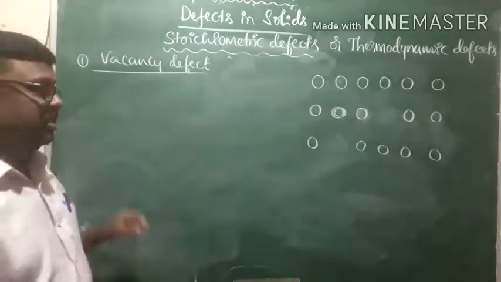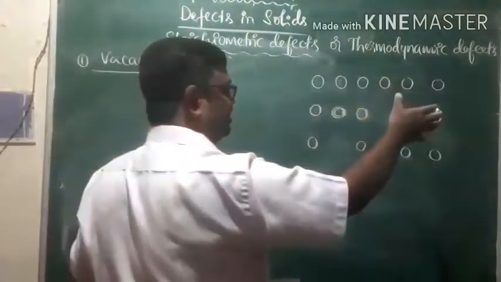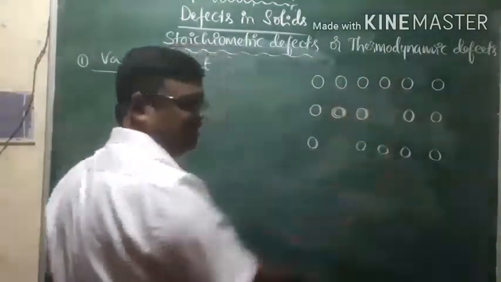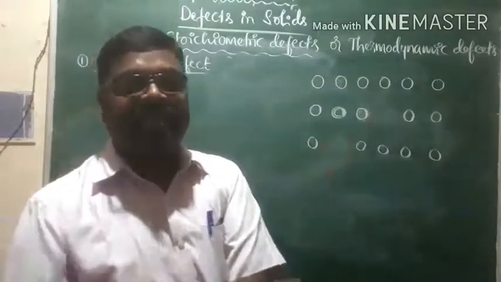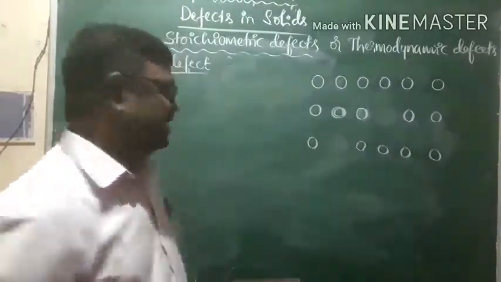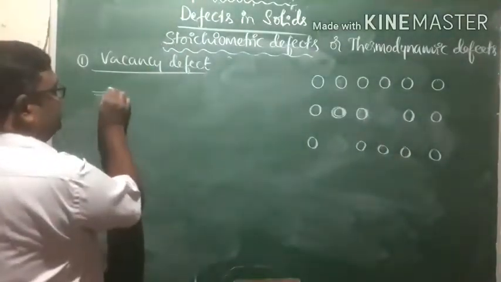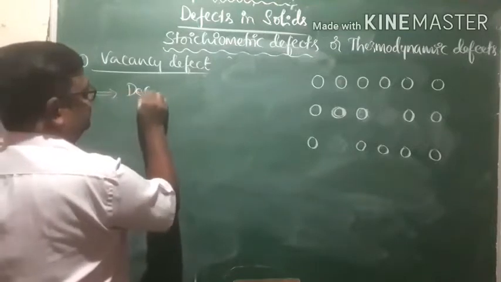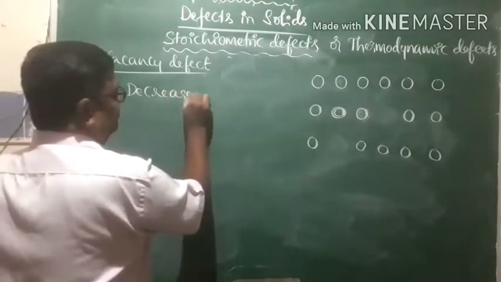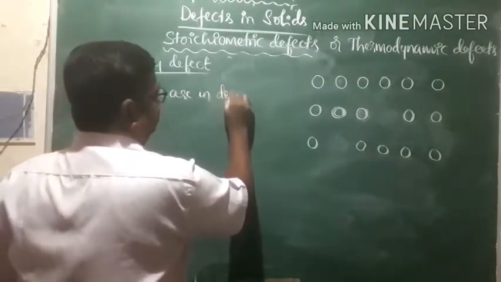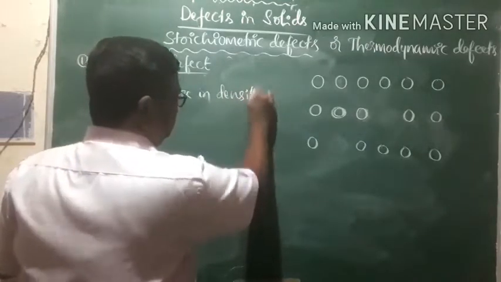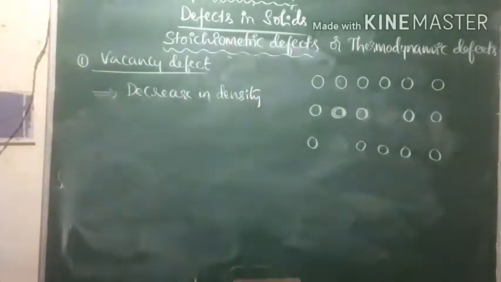And of course, due to the missing of particles, the mass of the unit cell decreases. Therefore, vacancy defect leads to a decrease in density. Vacancy defect leads to a decrease in density.